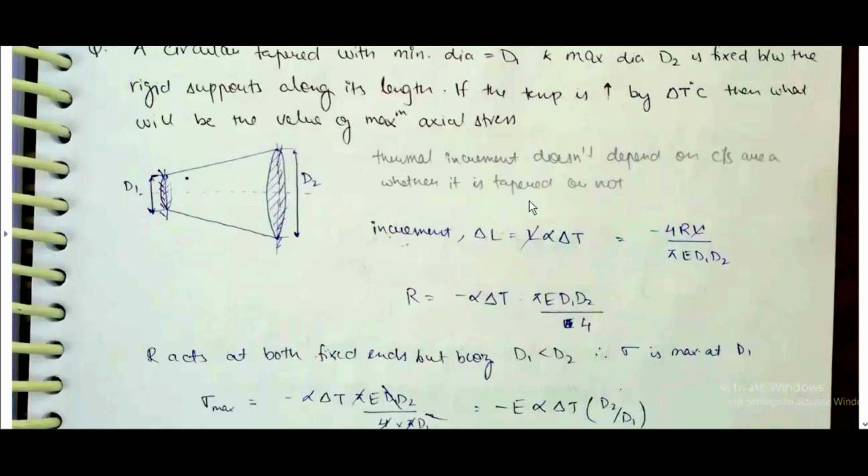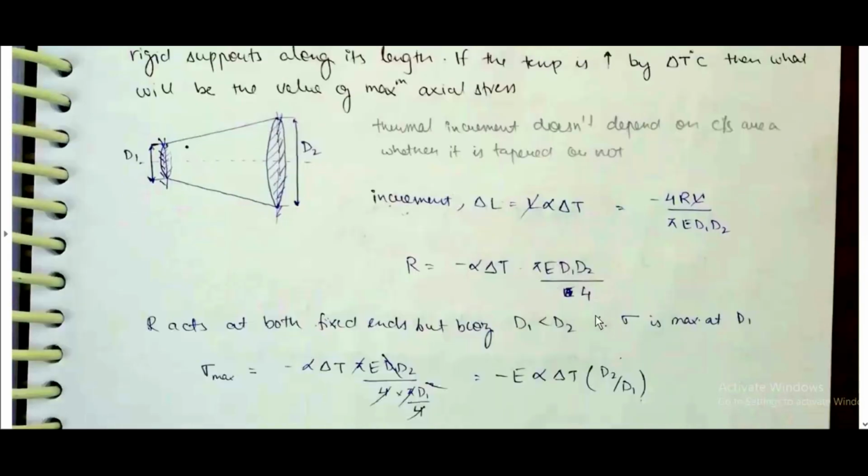Increment delta L is equal to L alpha delta T is equal to minus 4RL by pi E d1 d2. R is equal to minus alpha delta T pi E d1 d2 by 4.